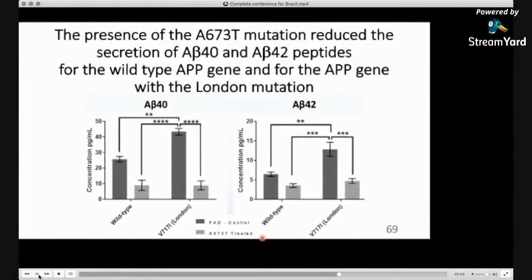The presence of the A673T mutation, also known as the Icelandic mutation, reduces the secretion of A-beta 40 and A-beta 42 peptide for the wild-type APP gene and for APP gene containing the London mutation.